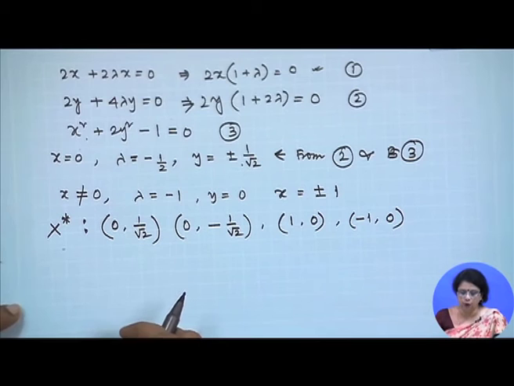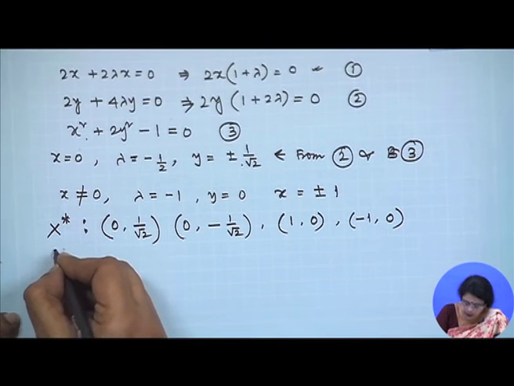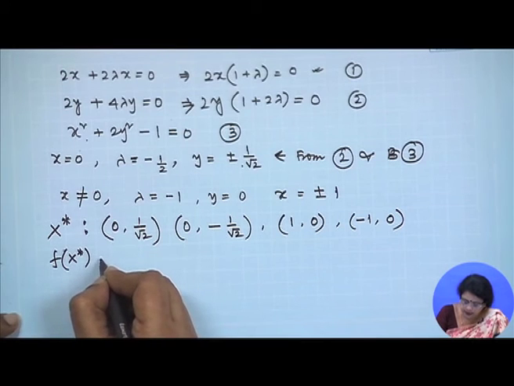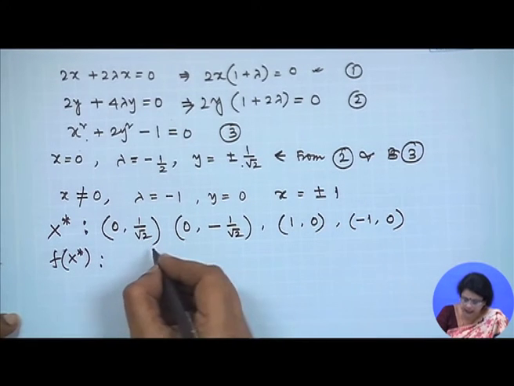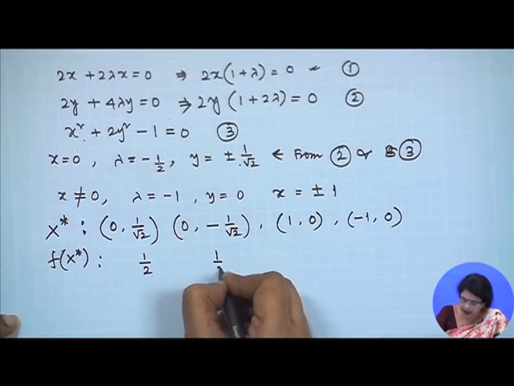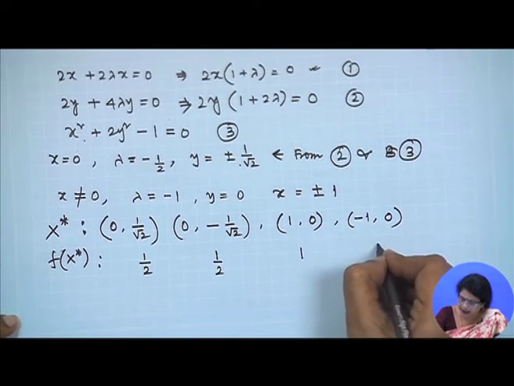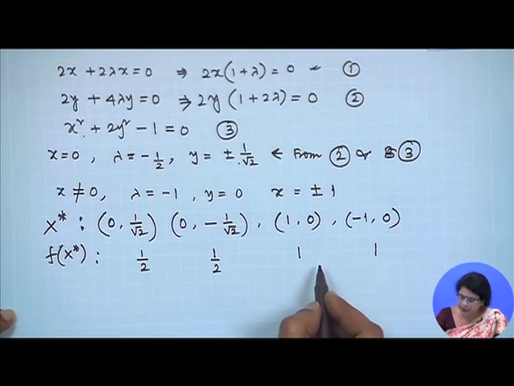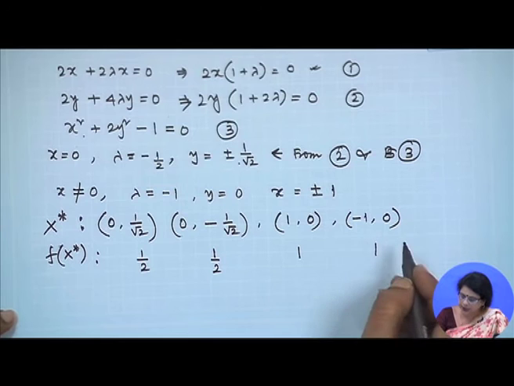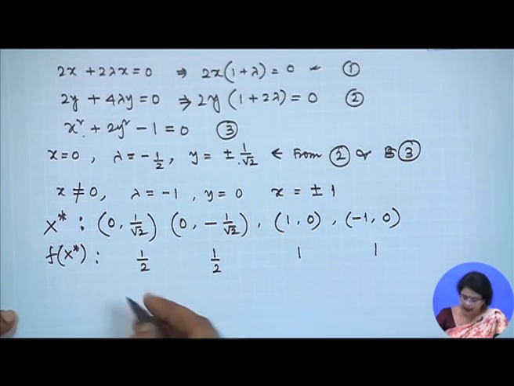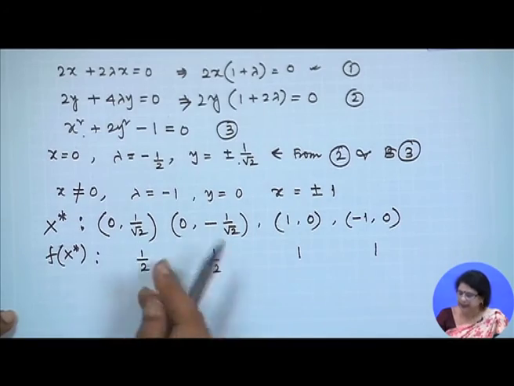Now, what are the corresponding objective functions? If we calculate, the objective function would be half at the first point, again half at the second, and 1 and 1 at the others. Looking at the values, 1, 0 and minus 1, 0 give the maximum values, and the points with value half give the minimum values.